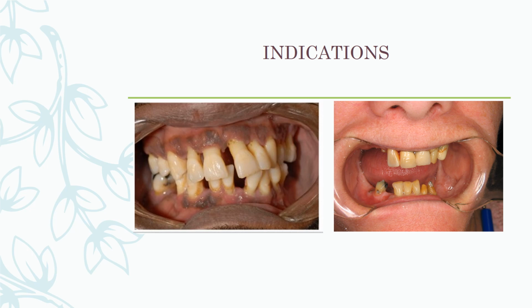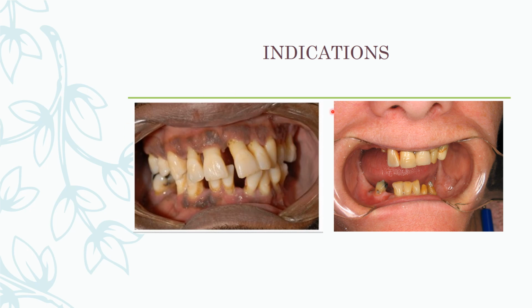Okay, so you can see that the indications are mutilated teeth, teeth which cannot be rehabilitated, teeth which have hopeless prognosis and cannot be periodontally treated. They are having grade 3 mobility, the occlusal plane is gone, there is no attachment remaining, there's too much attachment loss.